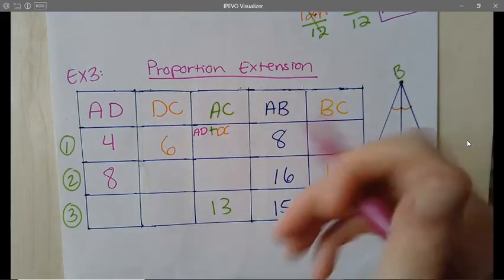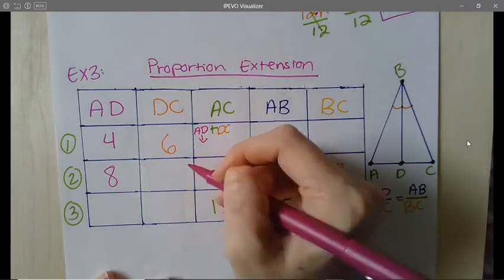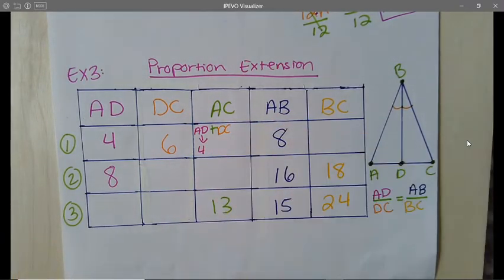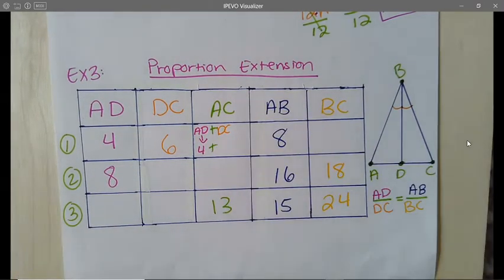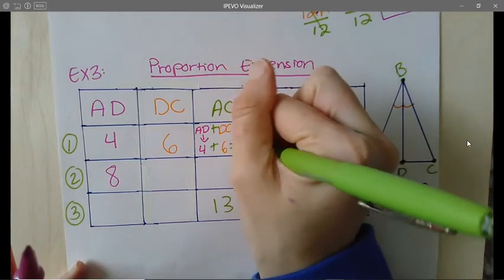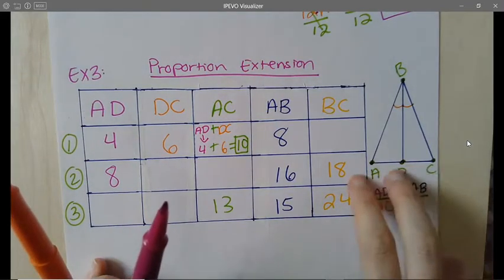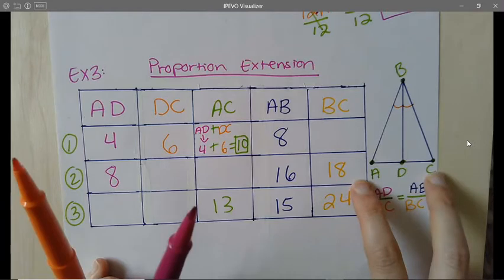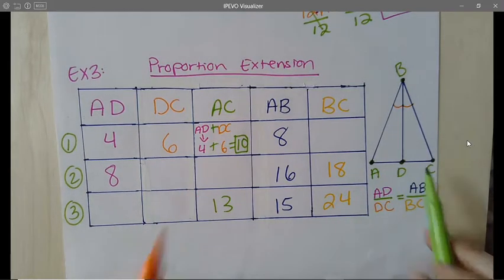Let's substitute in my values. AD is 4 and DC is 6. So 4 plus 6 will give me the value of AC, which is 10. Okay, so AC is 10, because I can add these 2 pieces together to get the length of the entire segment. So 4 plus 6 is the whole thing, which is 10.